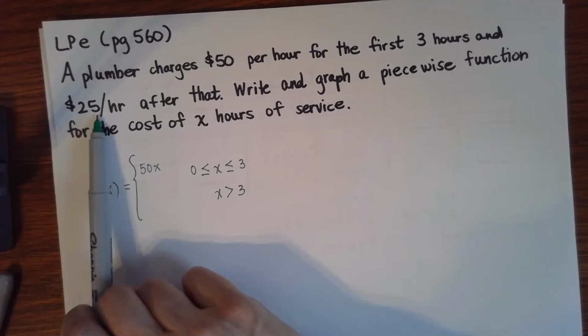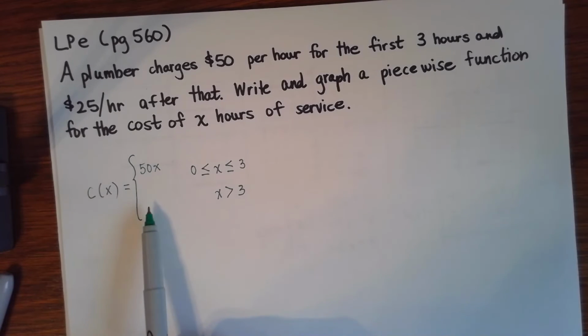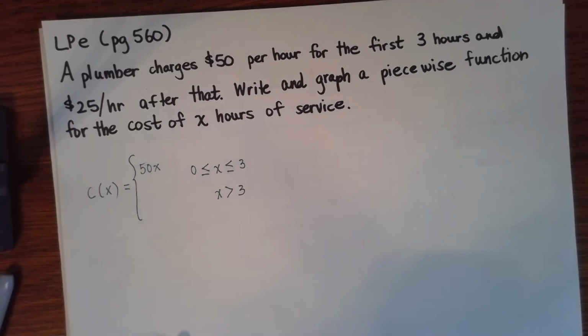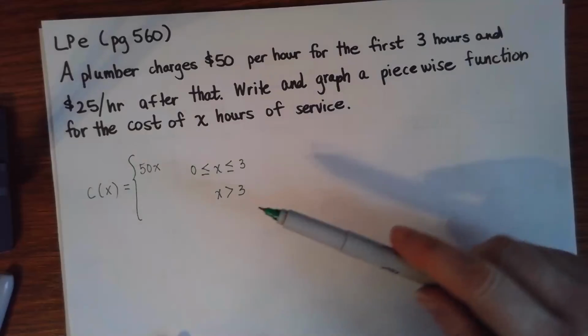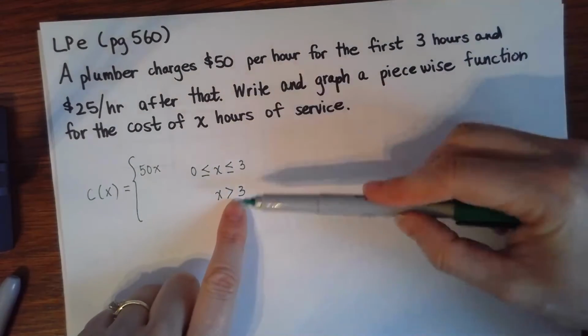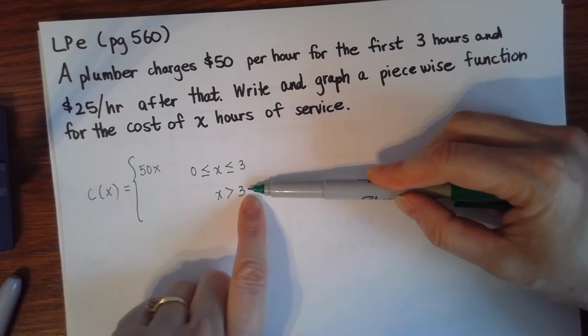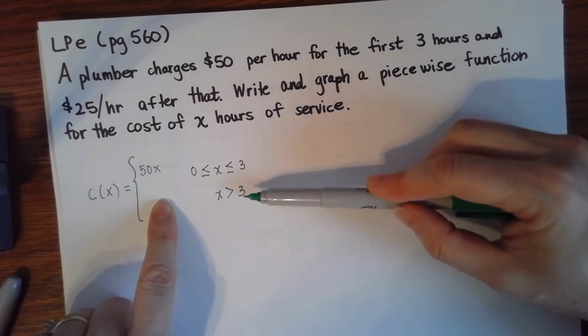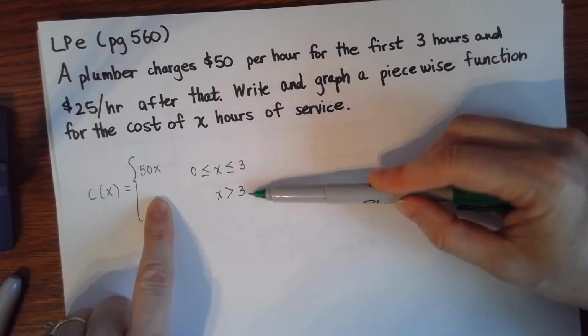Now it's really tempting. What students want to do is come in here and write 25x. Say, oh, it's going to be $25 an hour. Okay, let's think about why that is wrong. So let's say I had 4, if the plumber worked 4 hours, and I had 25x here, 4 times 25 is 100.